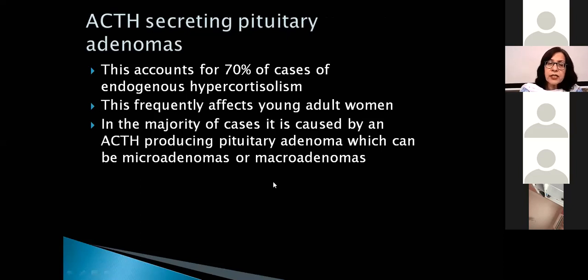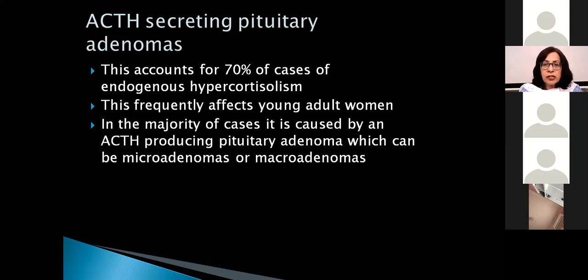Now, ACTH secreting pituitary adenomas. This accounts for 70% of cases of endogenous hypercortisolism. Most of the cases, I told you, are not due to adrenal overfunctioning, but due to the pituitary overfunctioning and producing lots of ACTH. It frequently affects young adult women.